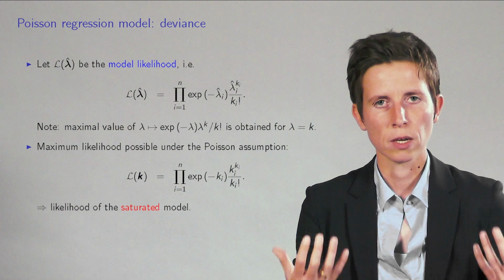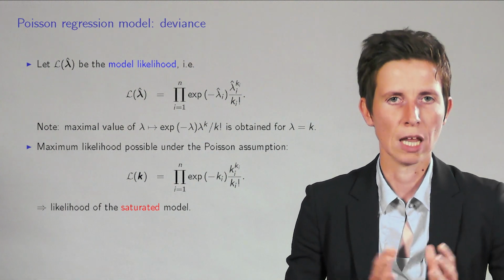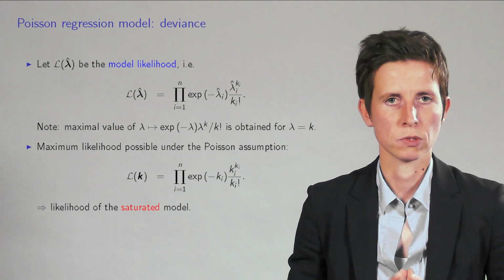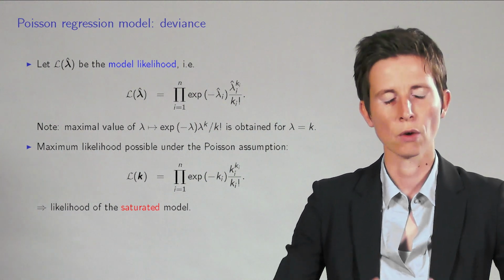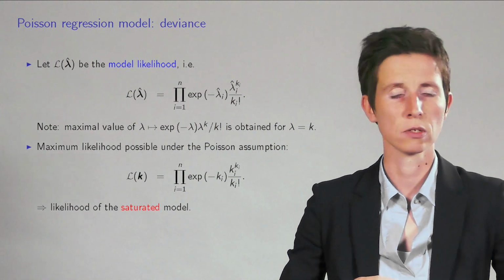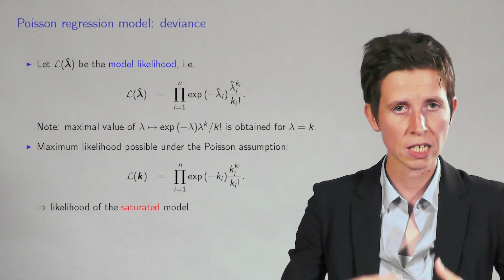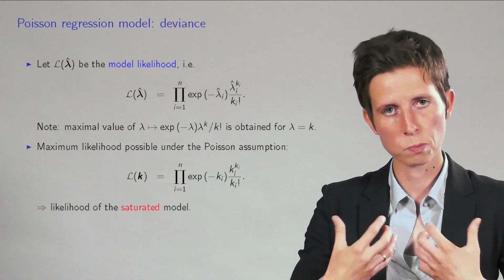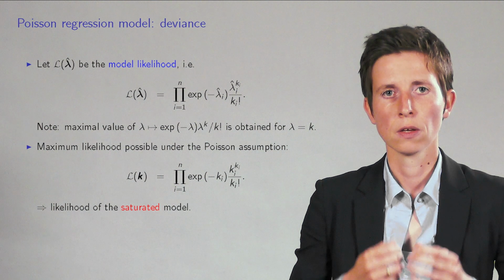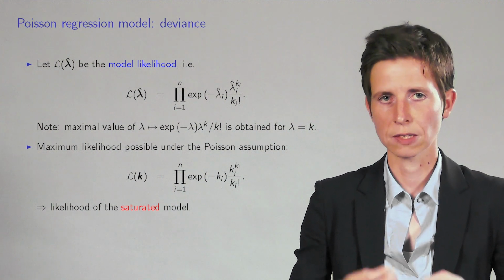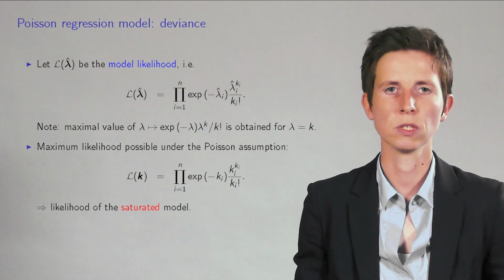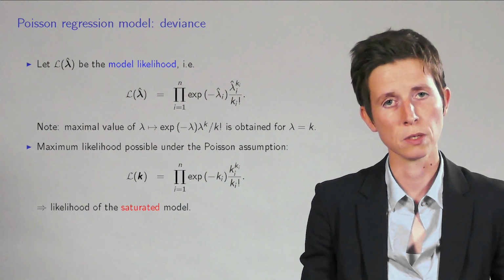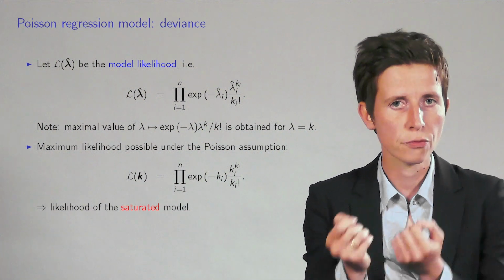Denote with the calligraphic L of lambda hat the model likelihood. That is the likelihood of the Poisson regression model under consideration. So that's the likelihood that we build for our specific model. The maximum likelihood that can possibly be attained under the Poisson assumption is denoted with the calligraphic L of k.